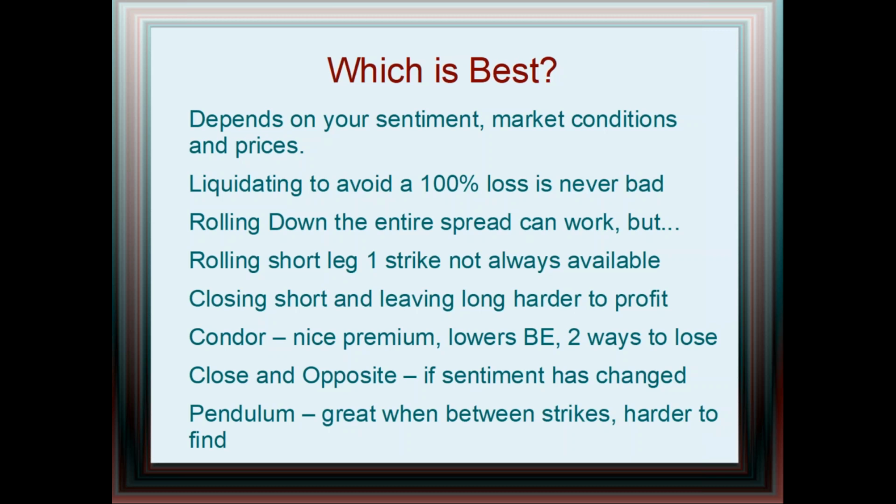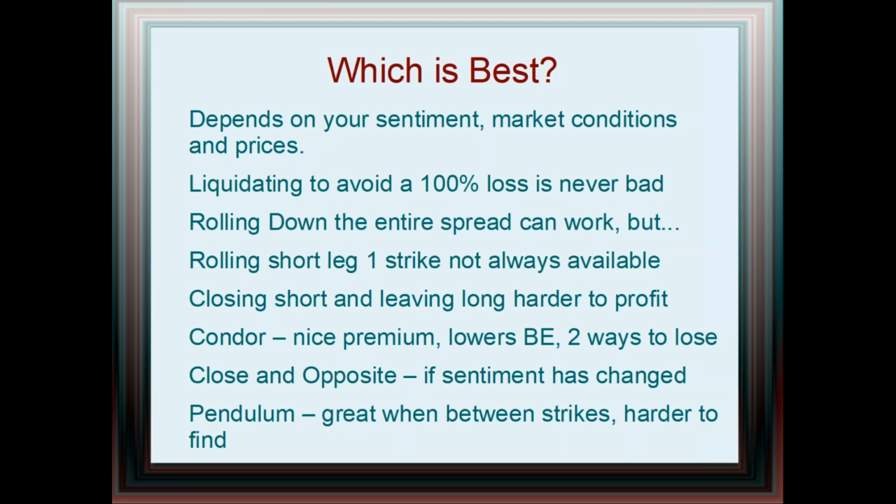Rolling the short leg gives you the benefit of only paying one commission, like the pendulum adjustment. And again, why I always leave a strike price between the cost basis of the position when I open a spread, so that I can potentially have that opportunity to roll down the one leg. Only one commission, I stay in a bullish position. Why do I do number 3, rolling the short leg?